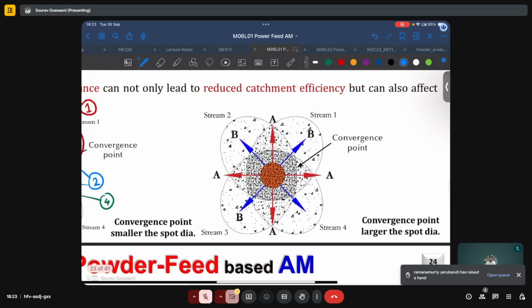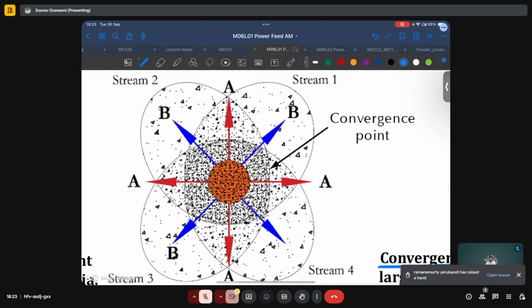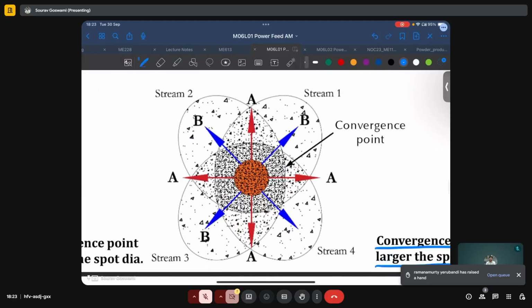And let us compare it with this second scenario where now the convergence point is larger than the spot diameter. In the previous case, it was smaller. Now, what we can see is that there is the overlap of powders from all the four streams in this central region, which is highlighted in green.